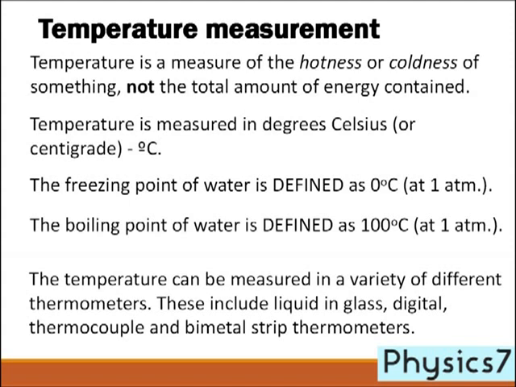For example, in the old days that used to be mercury, but now there are different types of colored liquids which are used in these thin tube glasses that we call thermometers. But there are also other types of thermometers, for example, what we call digital thermocouples. And another type of thermometer is a bimetal strip thermometer.